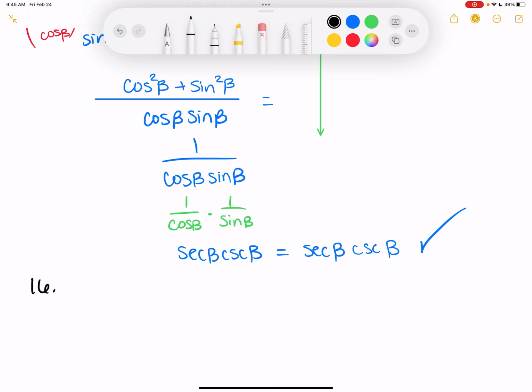All right, 16: tangent of x plus secant of x equals cosine of x over 1 minus sine of x.